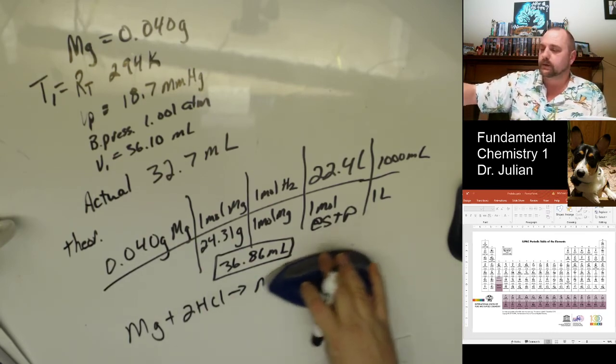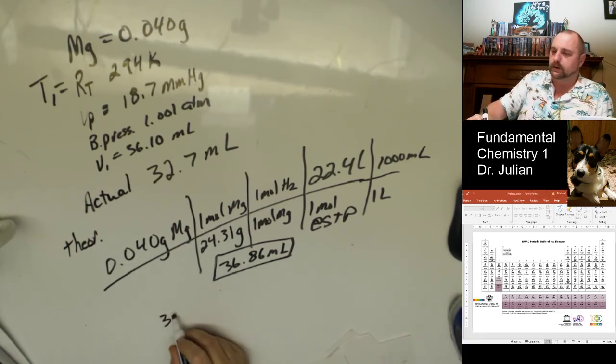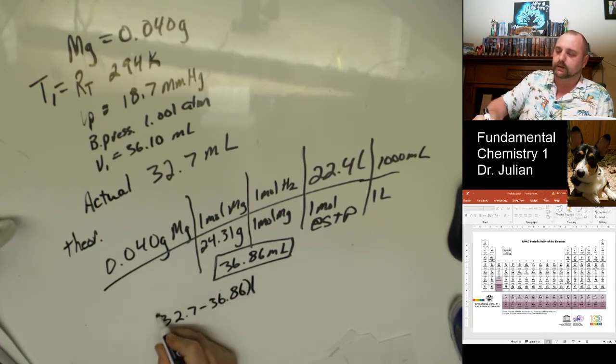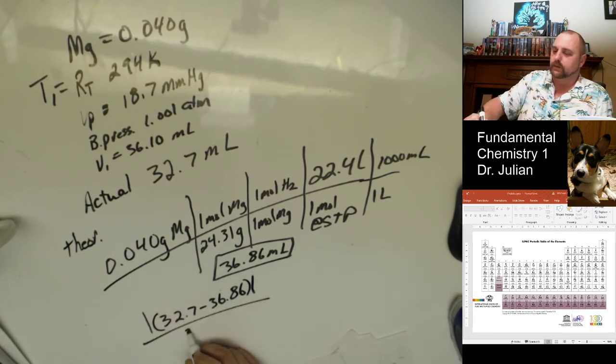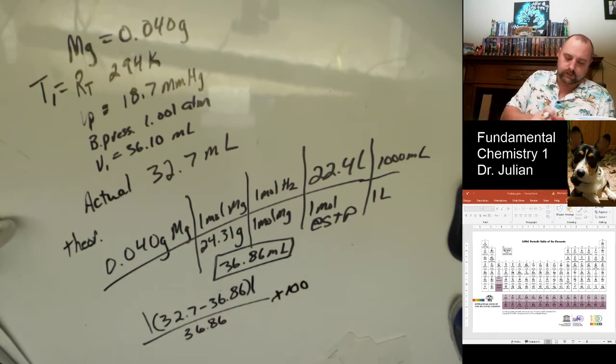So I'm going to do this bottom part, and we'll have 32.7 minus 36.86. Remember, we're doing absolute value over 36.86 and times 100. 32.7 minus 36.86 divided by 36.86.